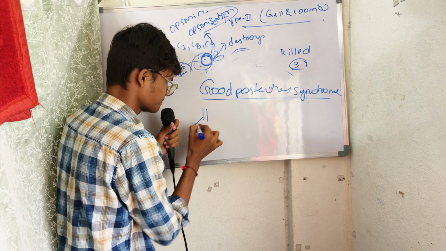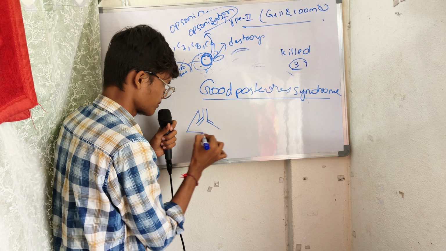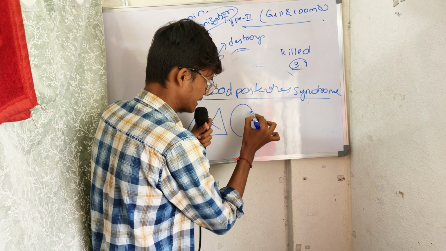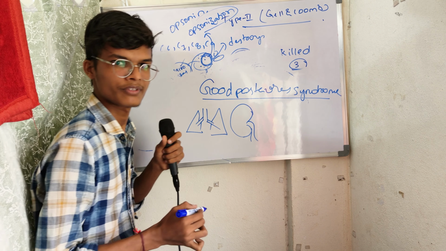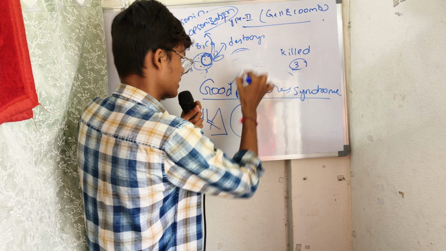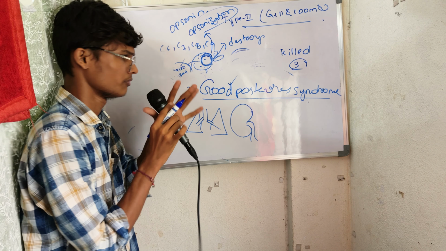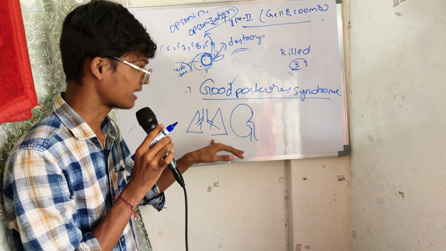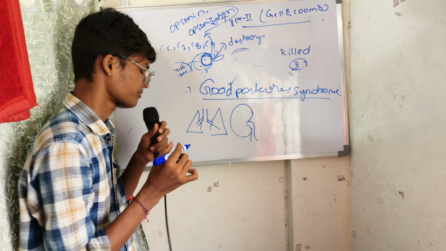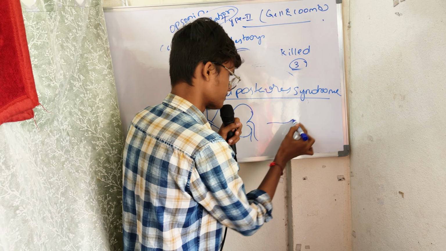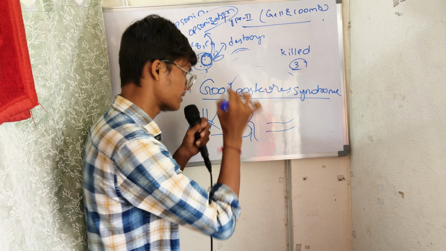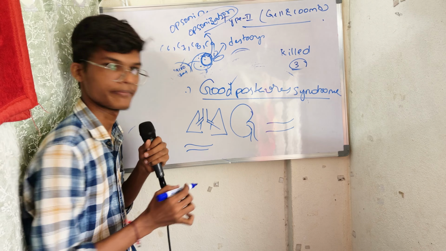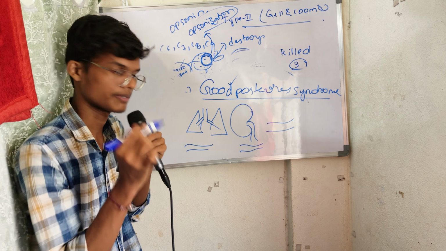One is the lungs, and one more, the kidneys. In type 2 hypersensitivity, we are discussing a syndrome known as Goodpasture syndrome, in which the lungs and kidneys are affected. How? In the lungs there is a basement membrane, and in the kidneys, in the glomerulus, there is a basement membrane.